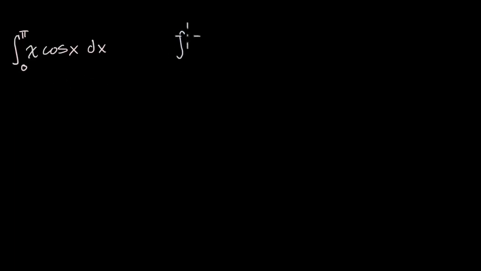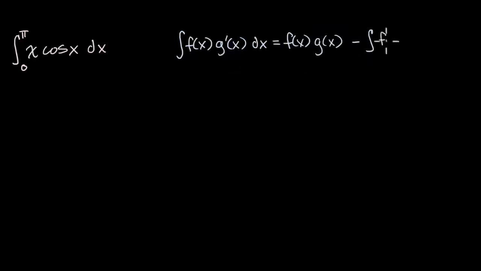So if I have f of x times g prime of x dx, this is going to be equal to, and in other videos we prove this, it really just comes straight out of the product rule that you learned in differential calculus, f of x times g of x minus, you then swap these around, minus f prime of x g of x dx.